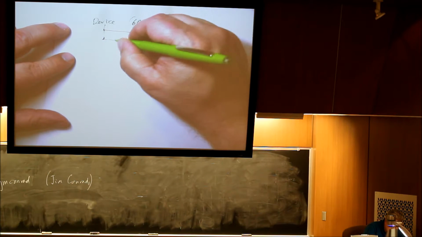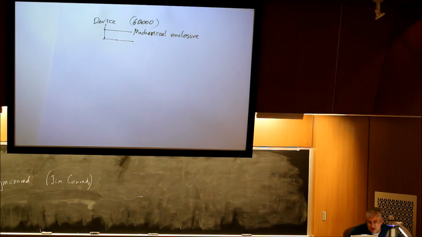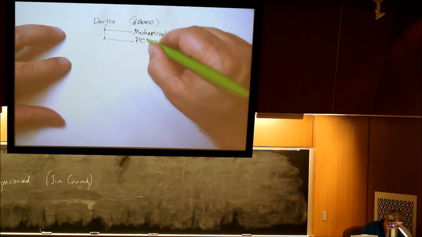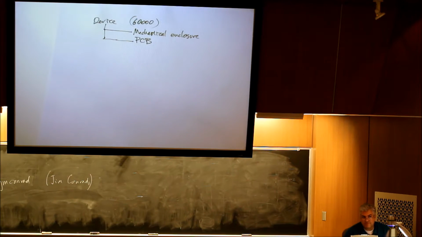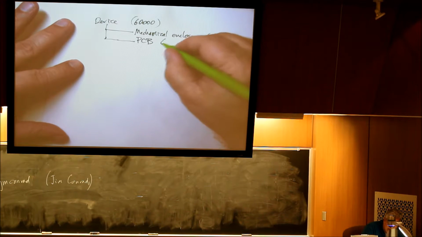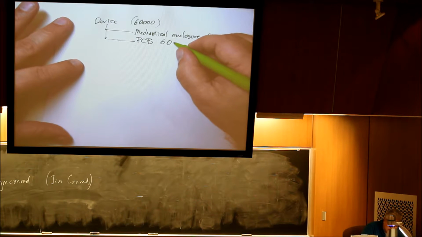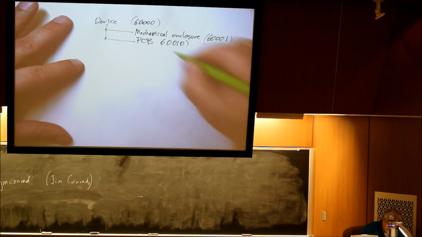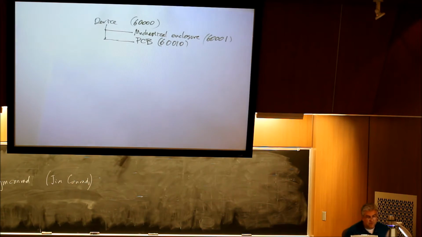It'll be made up of the printed circuit board. So it'll just be a snap it in. Well, that's pretty easy. So our mechanical enclosure, we'll just call this 6001. There you go. And our printed circuit board, we'll start at 60010. So what is made up of the printed circuit board?